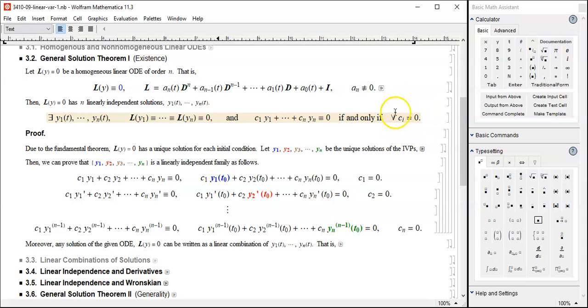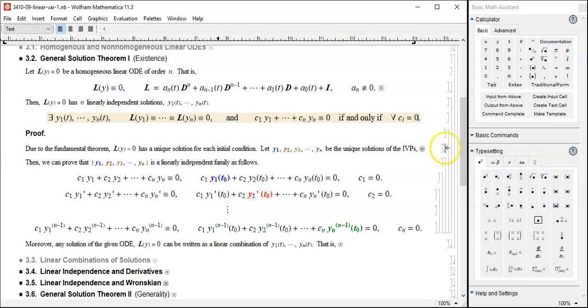So that's what you want to prove in the end. These functions exist, and they are solutions, because we know they exist from the fundamental theorem. Now we set the linear combination equal to 0 to prove linear independence, and eventually what you want to prove is that all the coefficients Ci, C1 through Cn, are all zeros.